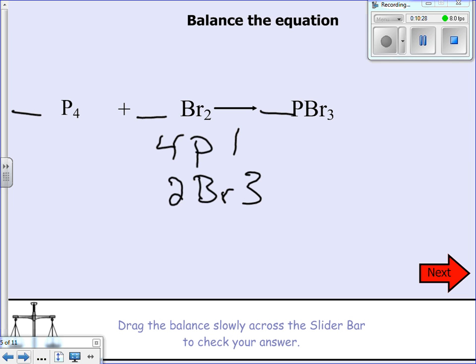We can put a 4 on this side, which gives us a total number of 4 here. And then for Br, let's change this to 12. So now we need something on the reactant side to give us a total of 12, and that would be 6. So change this now to a 12, and now it's all balanced.